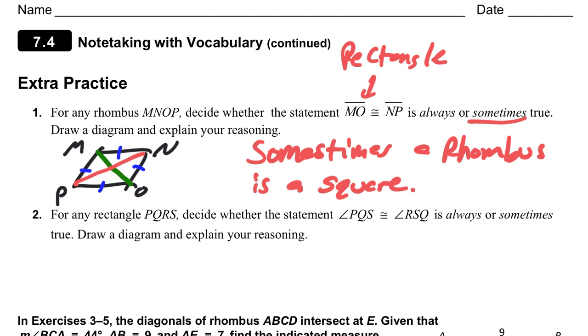Okay, so it's a sometimes, and that's if you have a square, because a square is a type of rhombus.